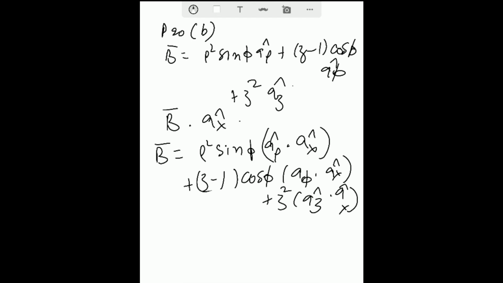replace a rho dot ax and a phi dot ax from the formula; az dot ax will be 0 because they are perpendicular.